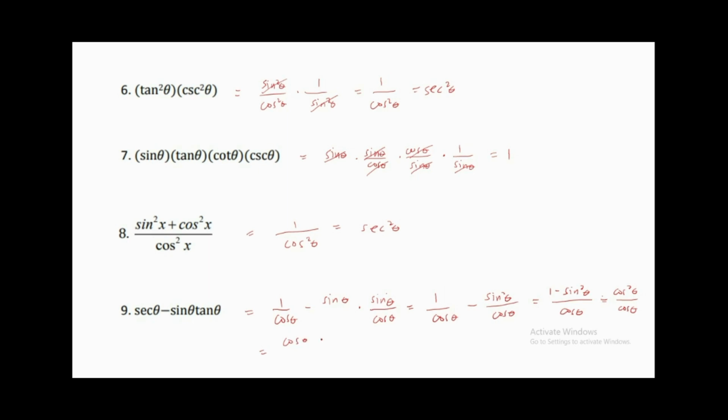So we have cosine theta over cosine theta, because cosine squared theta is equivalent to cosine times cosine. So cancel the cosine. What is left is cosine theta. Then the simplest form of secant theta minus sine theta times tangent theta is cosine theta.